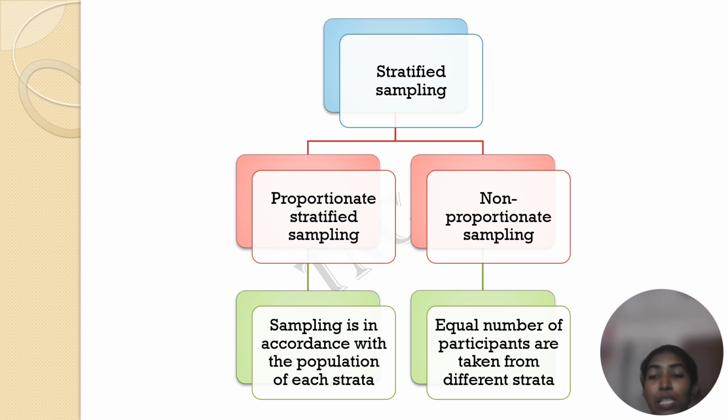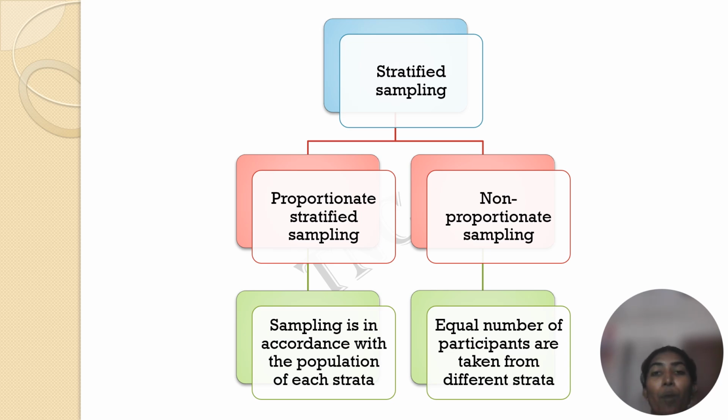If there are 10,000 men, the number of samples from the strata of men will be higher, and if there are only 2000 children, then the number of children in the sample will be lower.